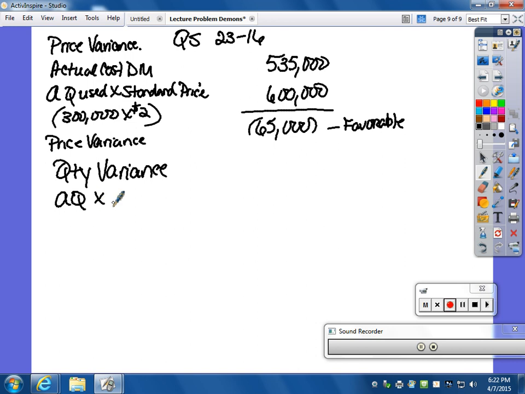AQ times standard price, 600,000. And then what's next? What do we also include? Standard quantity times standard price.